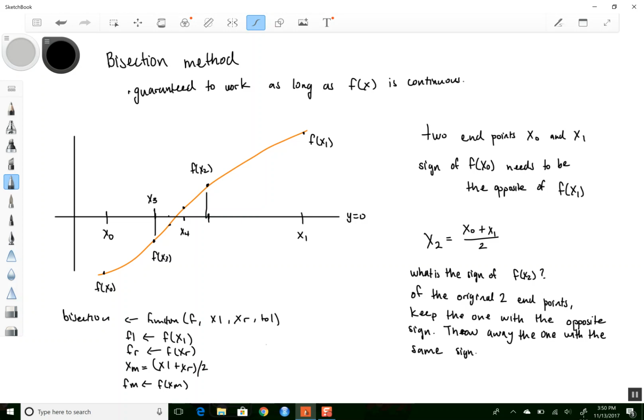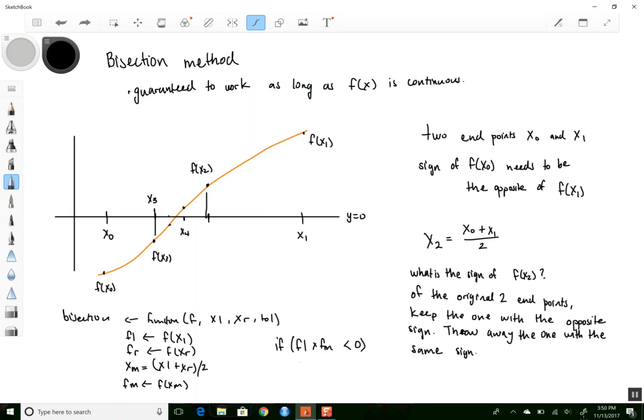And then you say if, basically, you're going to do f left times f middle. If that's less than 0, this means they have opposite signs, right? So this is inside your while loop, or somewhere in the while loop. You got to put this in a while loop somewhere.